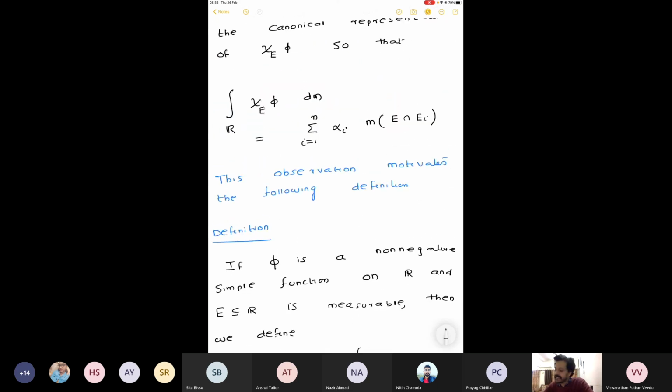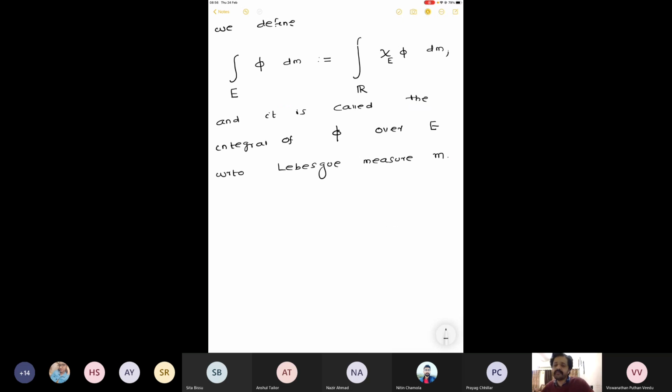Finally, you want the measure of E intersection E_i. The E_i are measurable, I know. But if E is not measurable, I cannot assure that E intersection E_i is measurable. That's why I am integrating only over measurable sets.